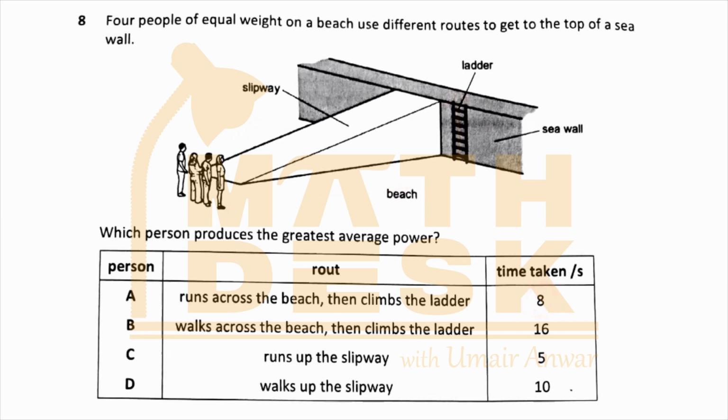Walks across the beach, then climbs the ladder. So the second person walks across the beach and then climbs this ladder, and the time taken for this person is 16. Third one runs up the slipway. So the third person is running up the slipway and takes 5 seconds, and the last one walks up the slipway in 10 seconds.